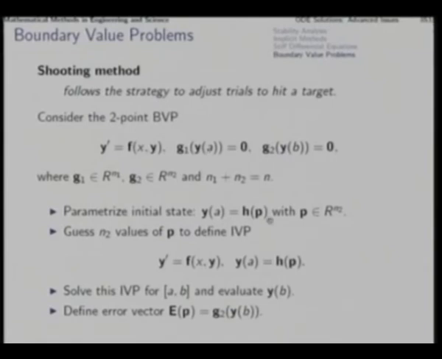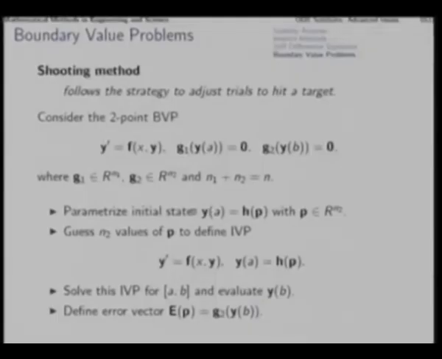Now, if we make choices for these n2 values, then we get a complete state vector at x equal to a. With such guesses, with n2 values of p, we make guesses and then we define the initial value problem. Same differential equation and y a completely given, right, with these n2 guesses of p made, p1, p2, p3 up to pn2, right.